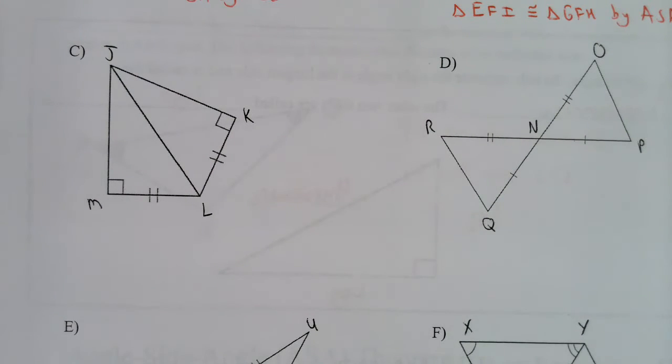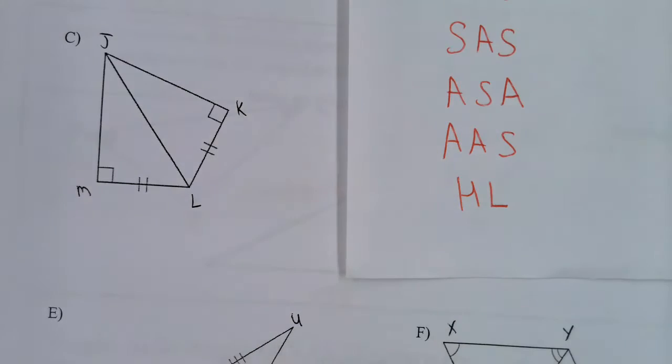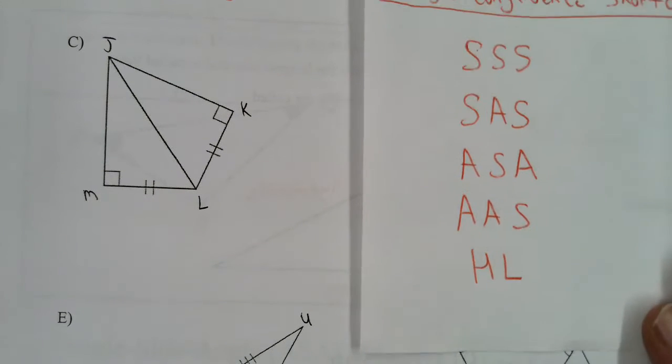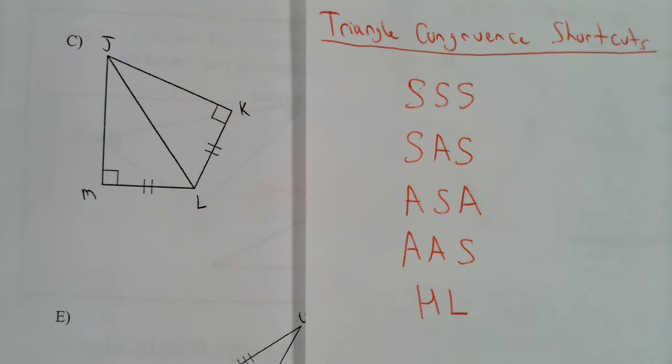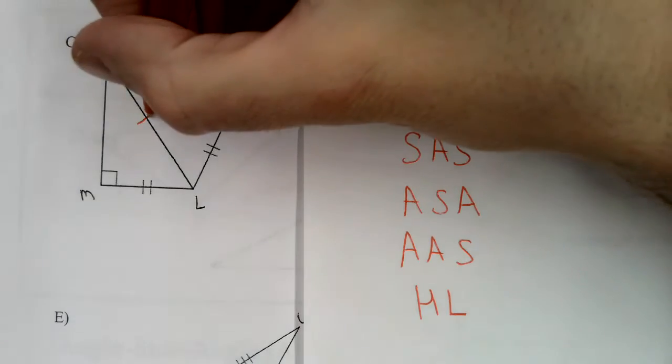Example 1C. You have the right angles labeled, so that might give you a little hint for what the answer is. Okay? Right triangles don't always have to be HL, but usually they are. So this side in the middle is in common to both. Let's label that ourselves.